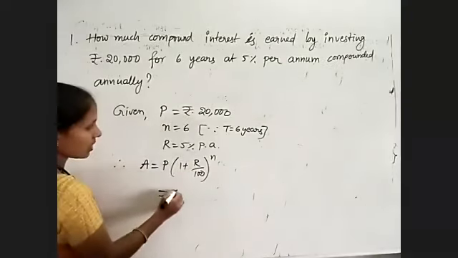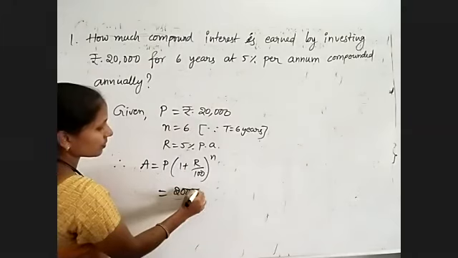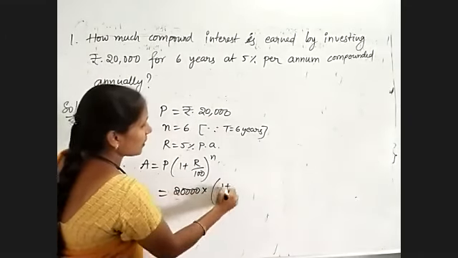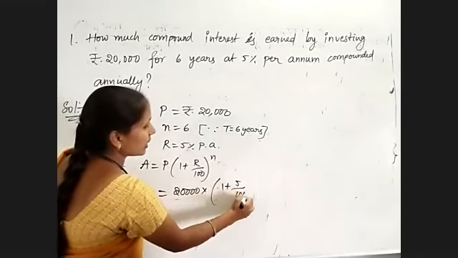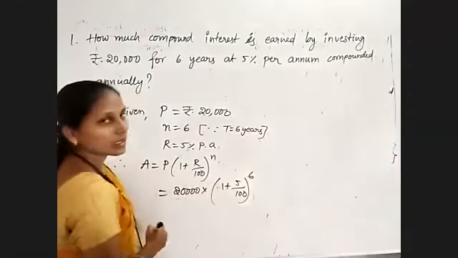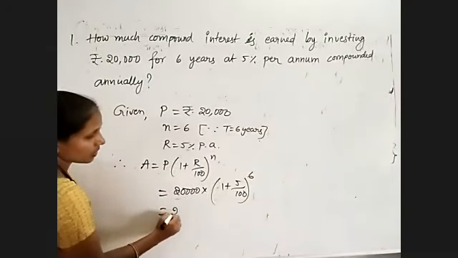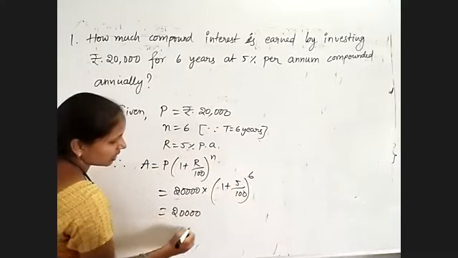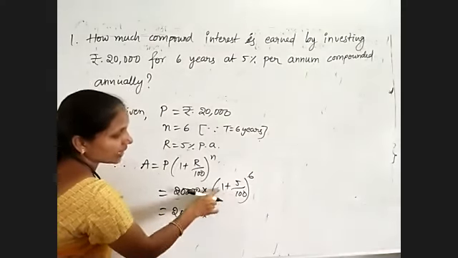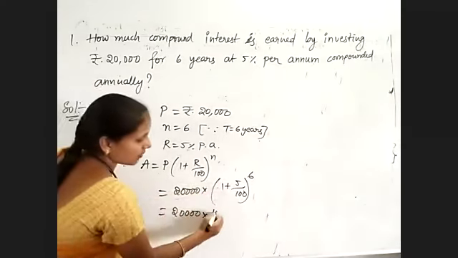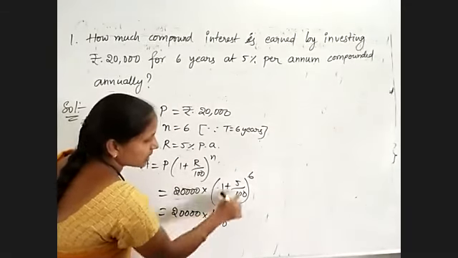P value is 20,000 into 1 plus 5 by 100 whole to the power of 6, which equals 20,000 into 105 by 100, 6 times.